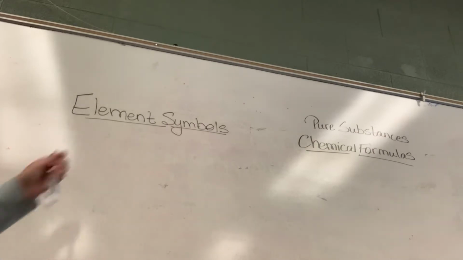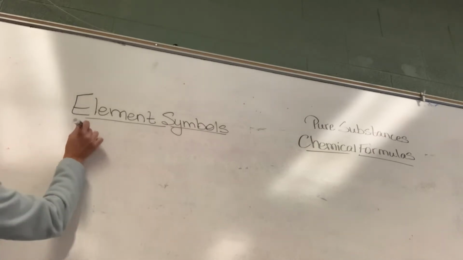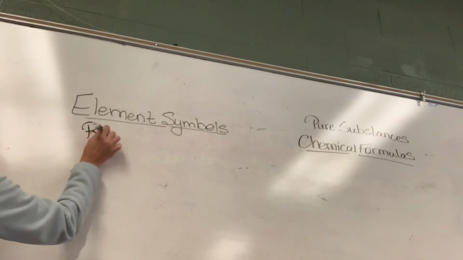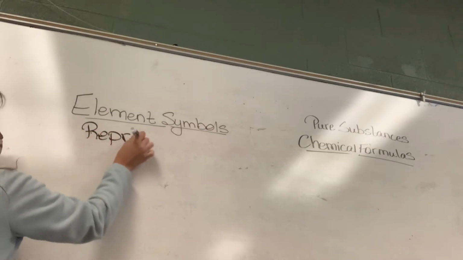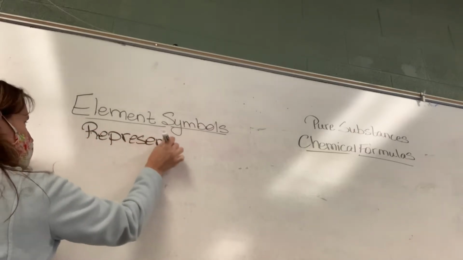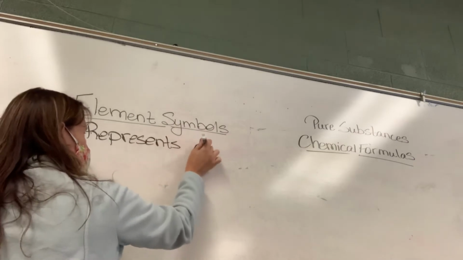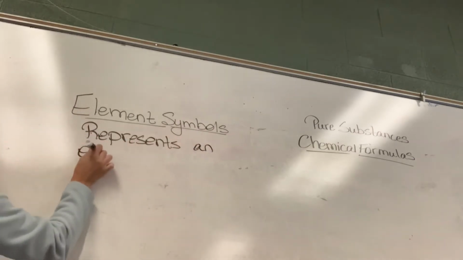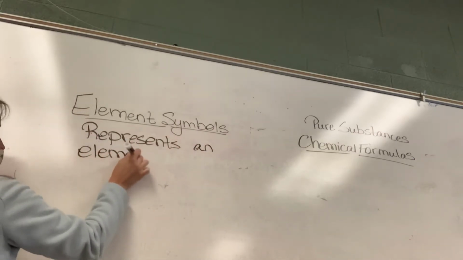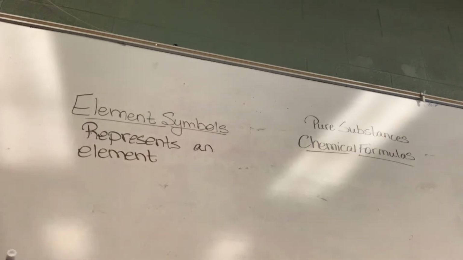And so all an element symbol does is it represents an element. That's all it does. It just lets you know that there's that element and you're talking about that element.